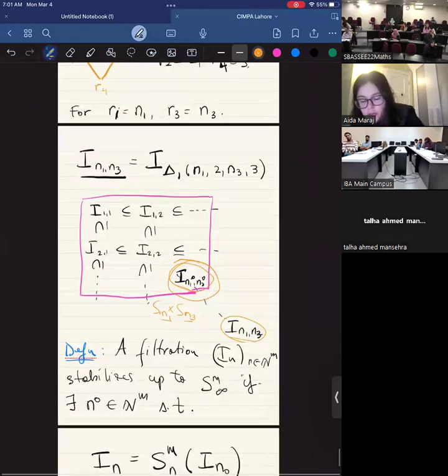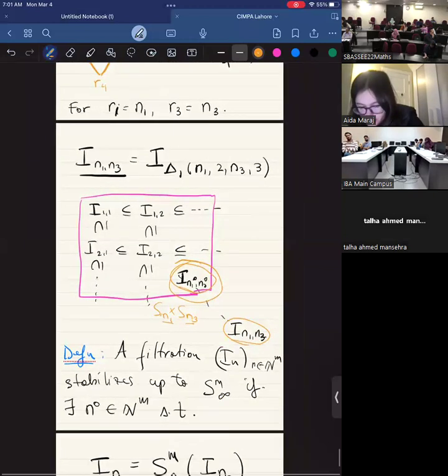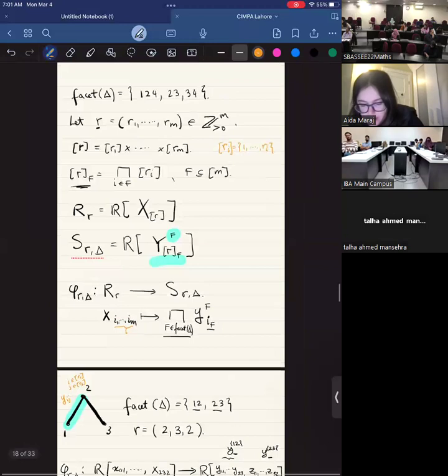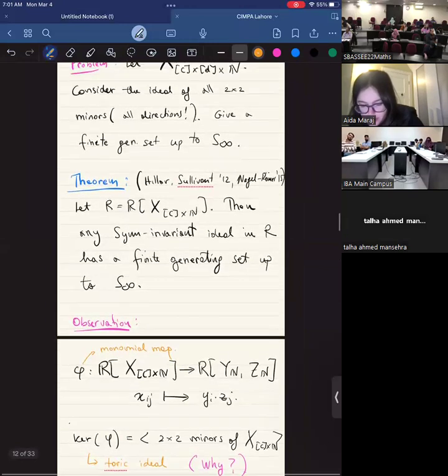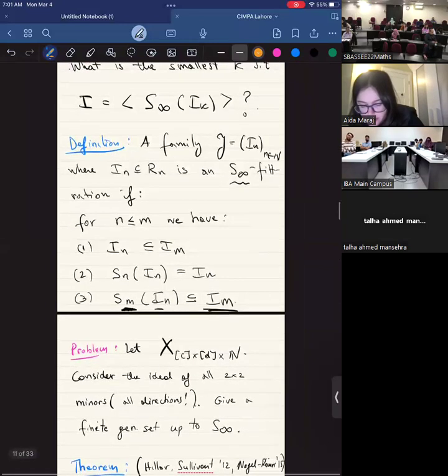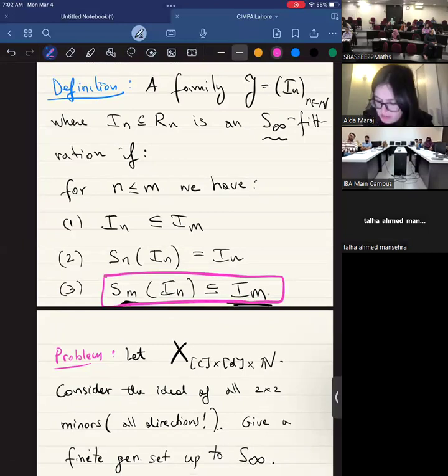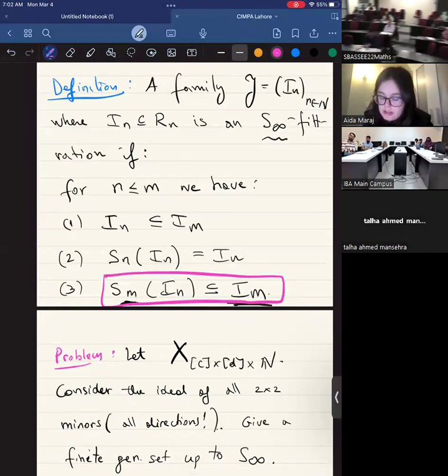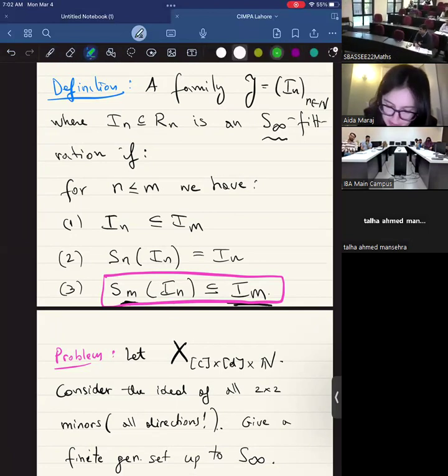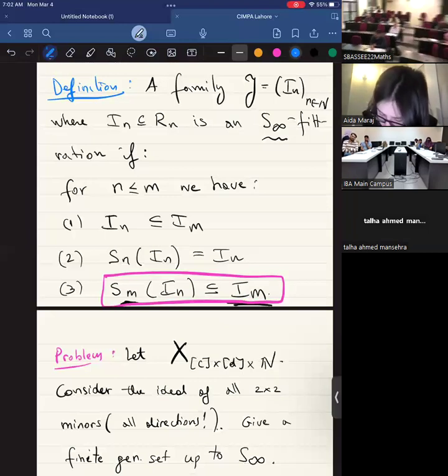So basically it's this one. This is S-invariant, and if the equality holds, then we have stabilization. Maybe stabilization is intuitive, but I was being ambitious.